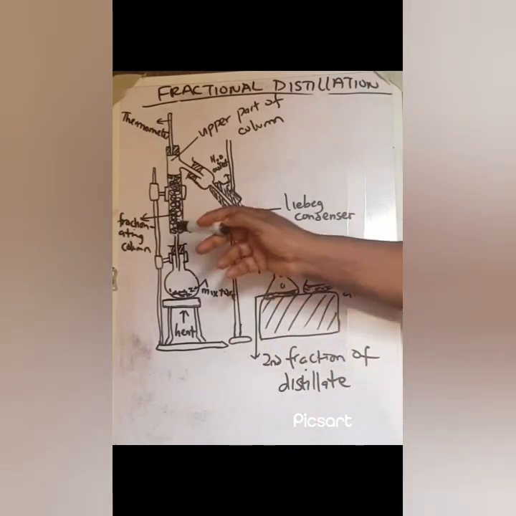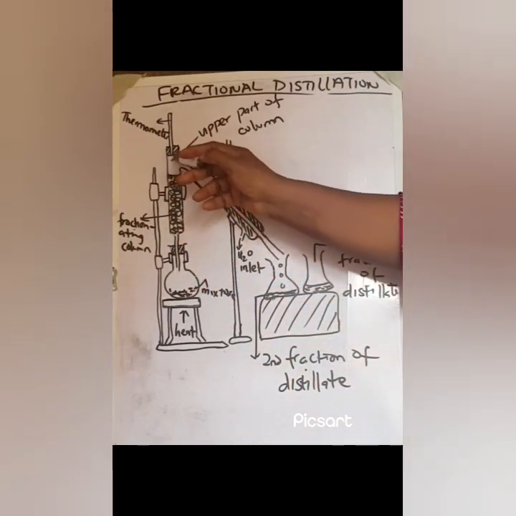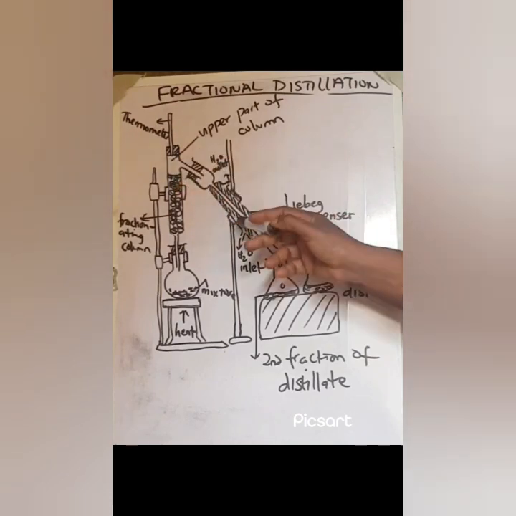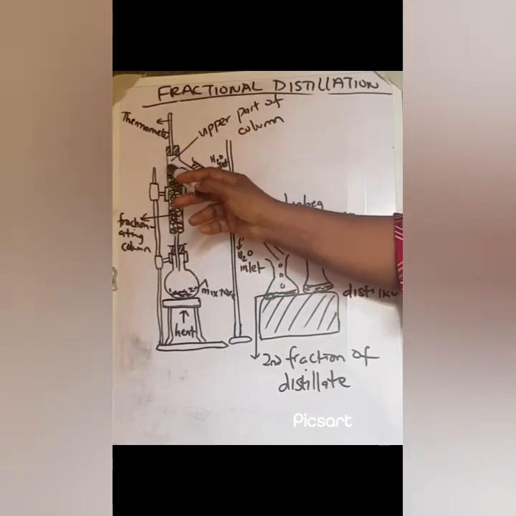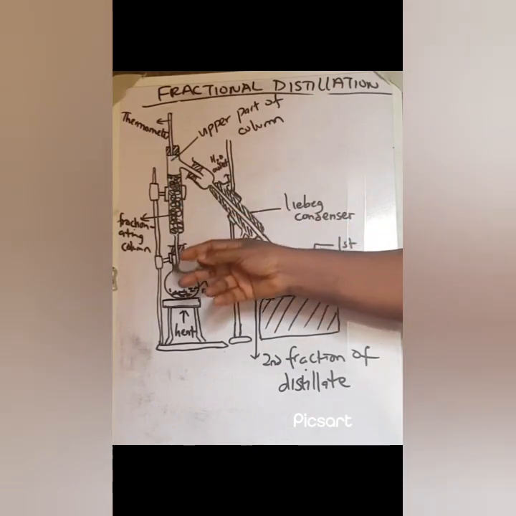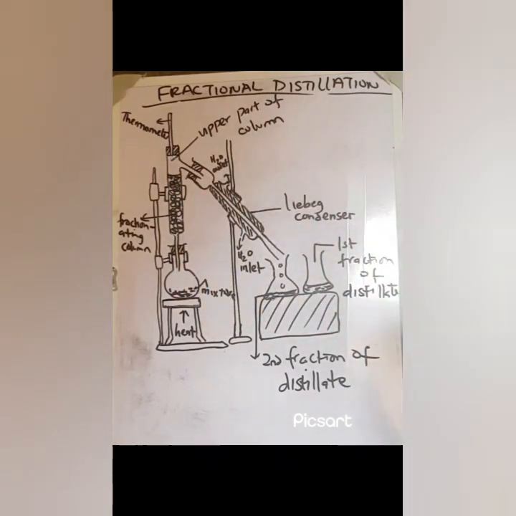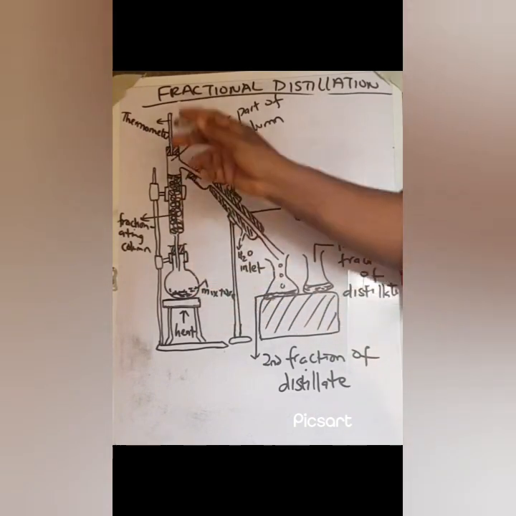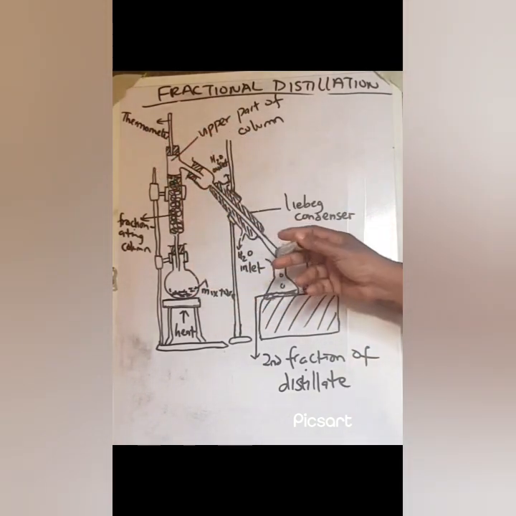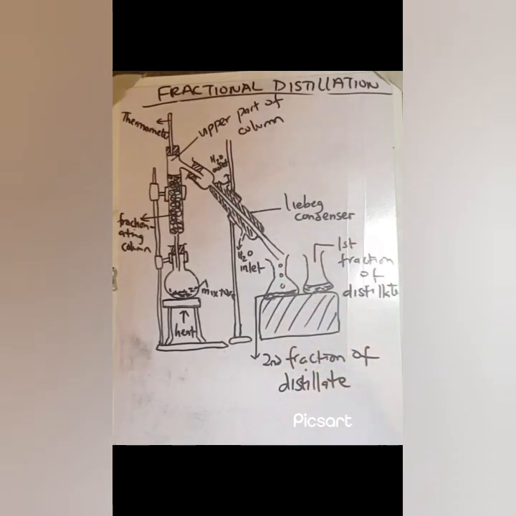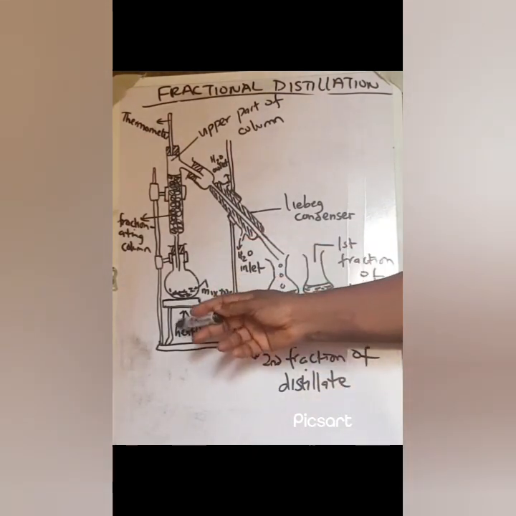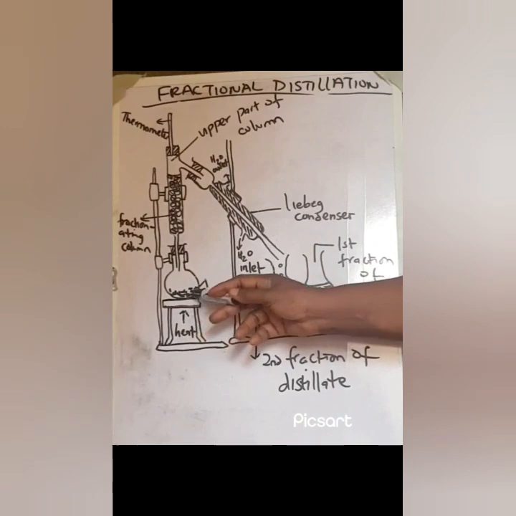So like I said, those with the lower boiling point will distill over first. When they are through, the temperature here rises in order to accommodate the vapor with a higher boiling point, whose temperature must match that of here before it is collected into the second flask. This is the round bottom flask containing the mixture.